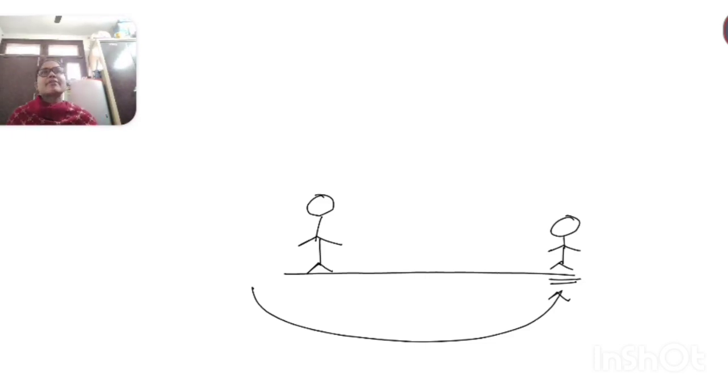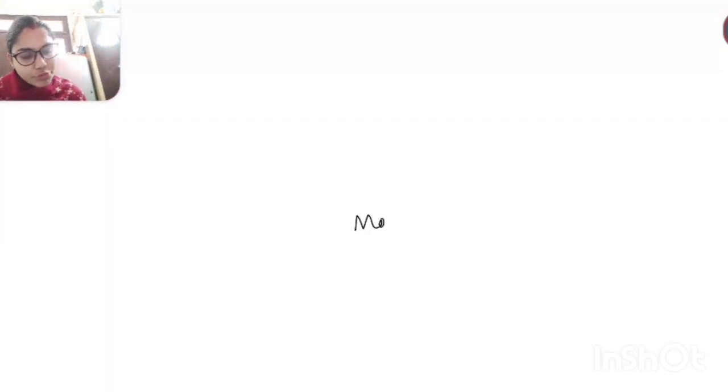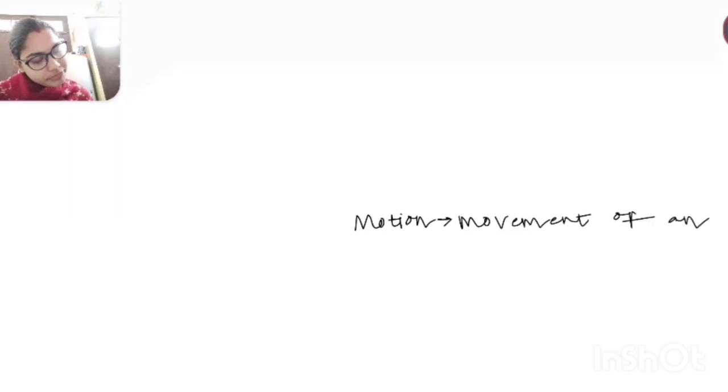So we have various types of motion. How do we define motion? We can say like this: motion means movement of an object with respect to time.